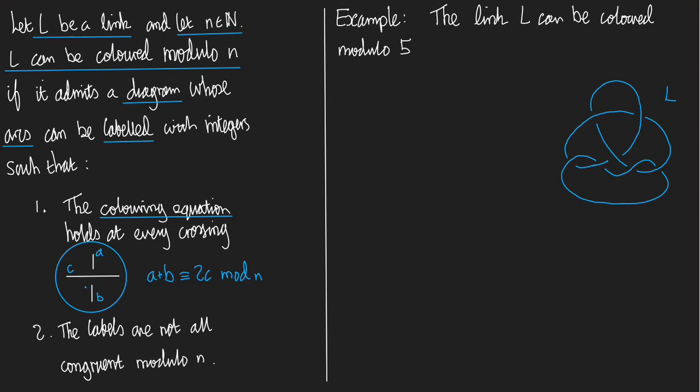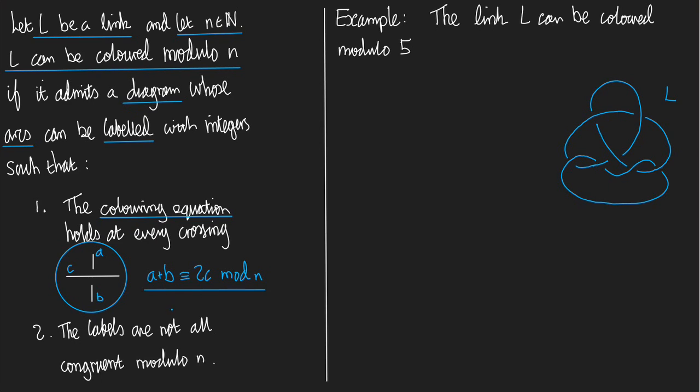The overcrossing would have some label. Let's call it C for the moment, whatever it is. And then the two arcs that go underneath the crossing, those would have labels too. Let's call them A and B. And then the coloring equation simply states that A plus B has to be congruent to 2C modulo n.